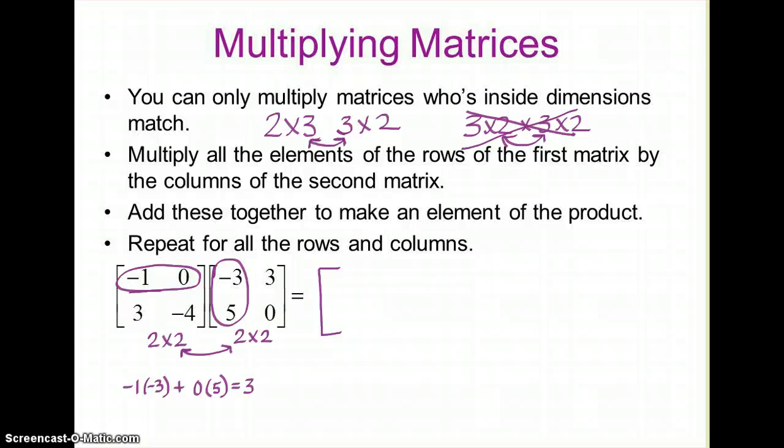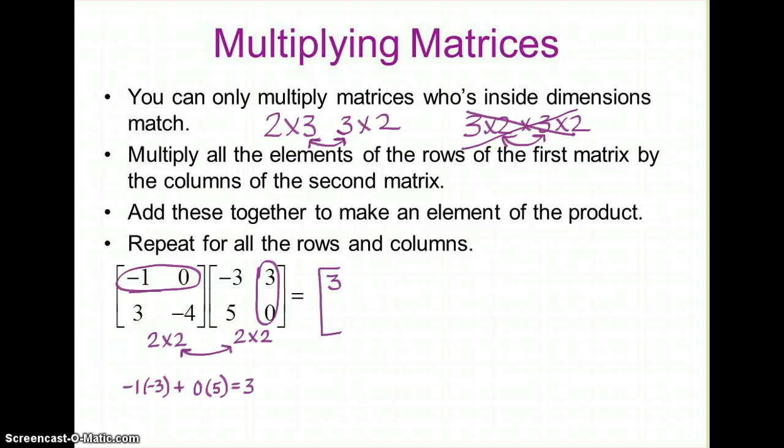I'm going to repeat that process, and instead of row 1 and column 1, this time I'm going to use row 1 and column 2. I'm going to switch columns, but finish out row 1 first.